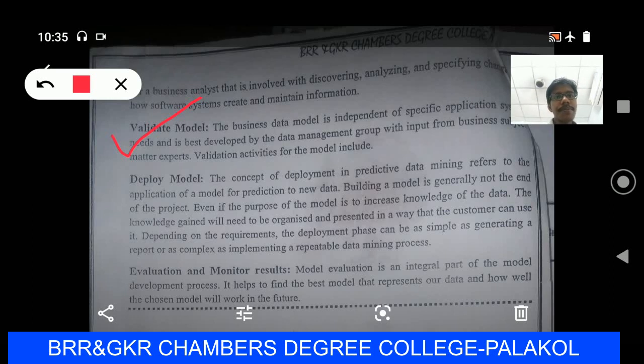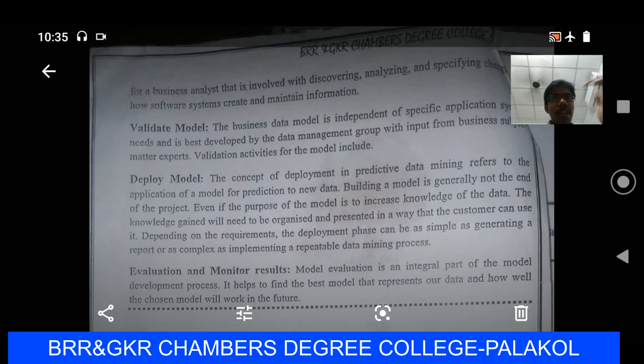After that, the deploy model. Finally, deploy model. The concept of deployment in predictive data mining refers to the application of the model for prediction of new data.